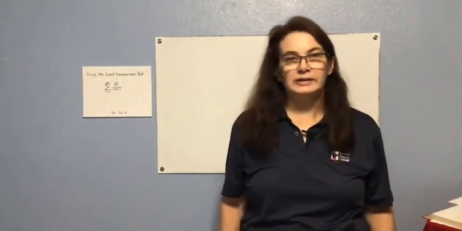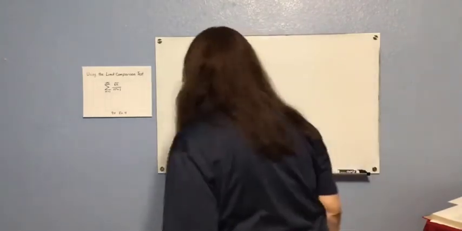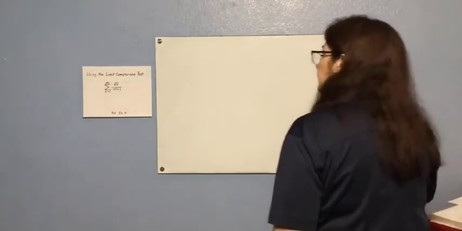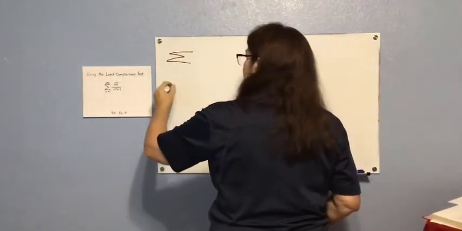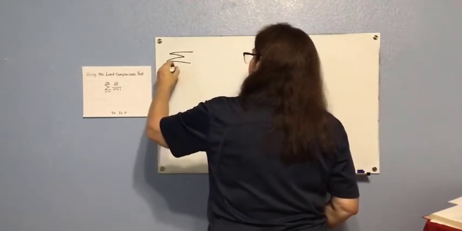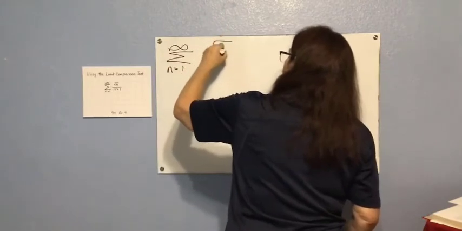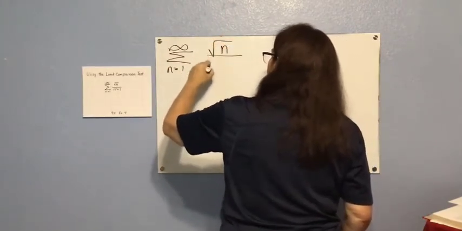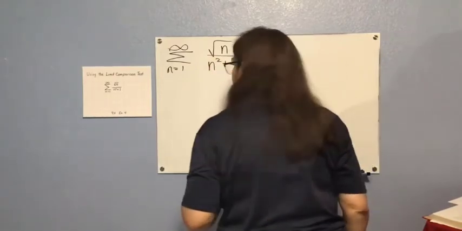Let's look at another example of the limit comparison test. In this example, the sum from n equals 1 to infinity of the square root of n over n squared plus 1.